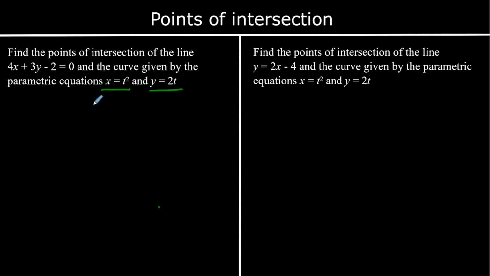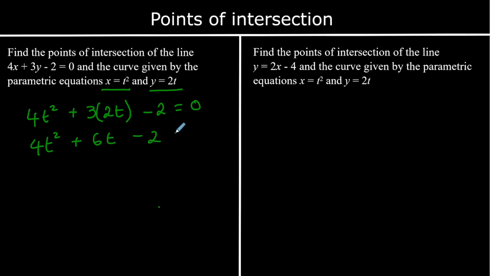So 4x, so 4t squared, plus 3y, 3 times 2t, minus 2 equals 0. So we've got 4t squared, plus 6t minus 2 equals 0.